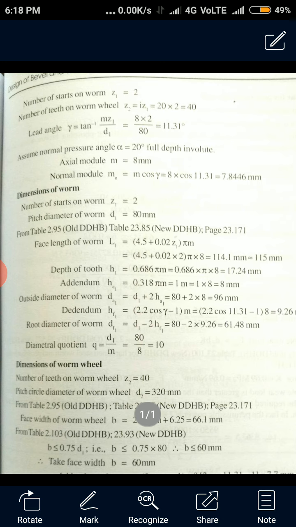One more module we calculate is the normal module. That is mn equal to m cos gamma, equal to 8 into cos of 11.31, equals 7.84 mm. Then, as you did earlier, you can calculate the face width of the worm gear.